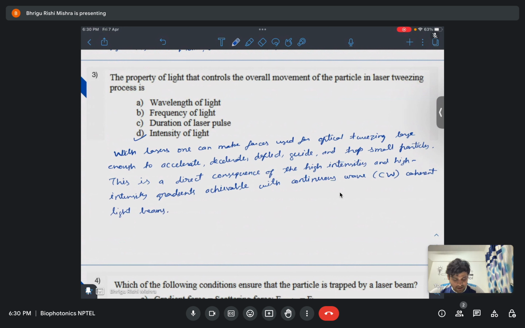So clearly it is the intensity, high intensity and high intensity gradients, not the other things, wavelength, frequency, duration of laser pulse. It's all about intensity, which gives the change in momentum, which gives the force to trap or twist the particles.